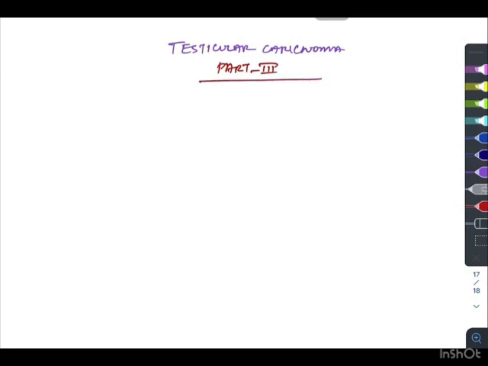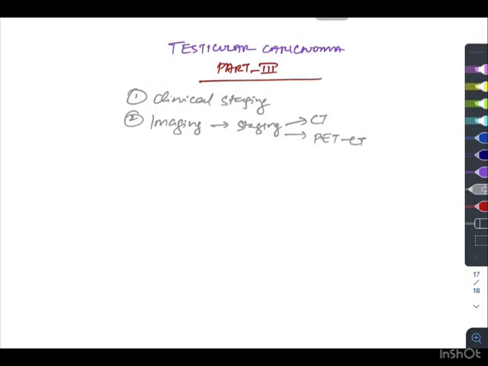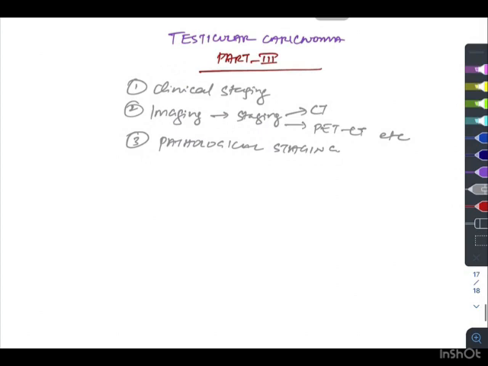In this video, we are going to see the clinical staging, the imaging which is used for the staging, that is CT, the role of PET CT, etc. And third, we are going to see the pathological staging and chest imaging, some points about serum tumor markers, and at last, sperm cryopreservation.